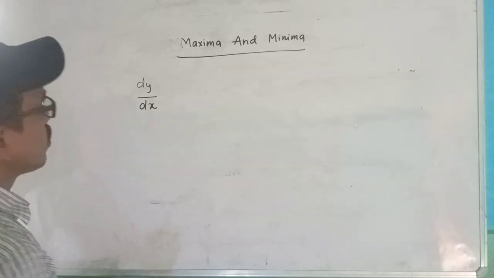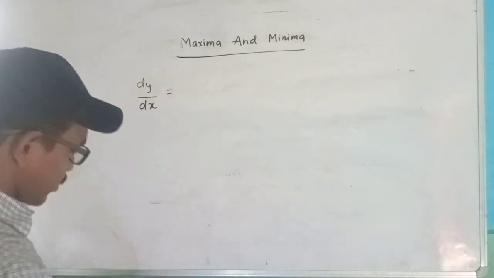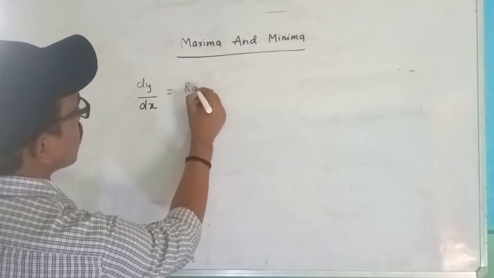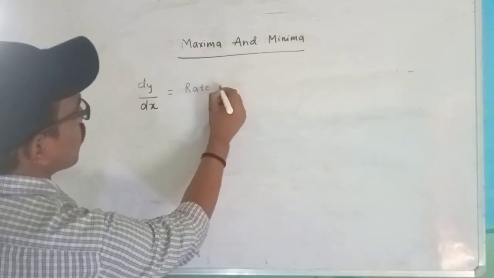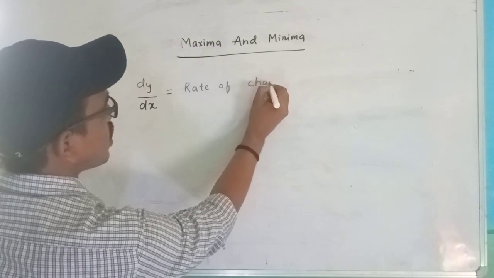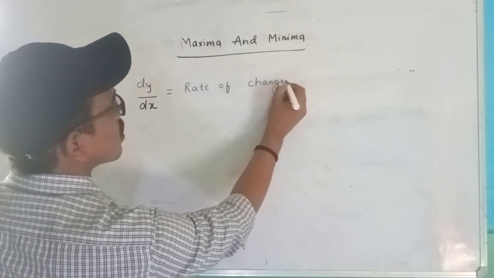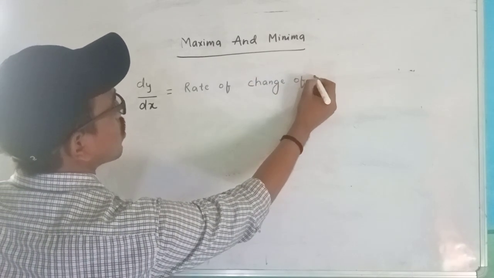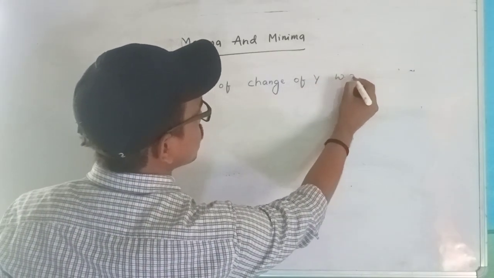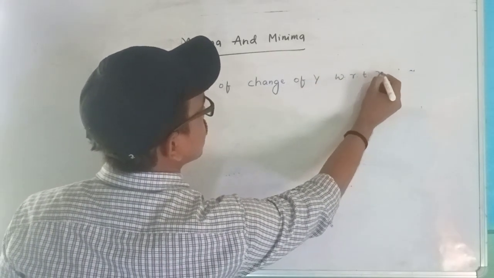So dy over dx is the rate of change of y with respect to x.